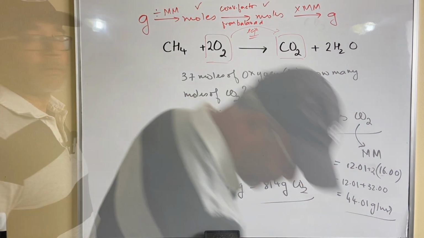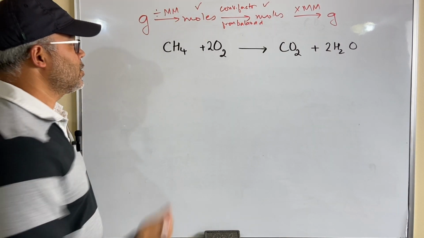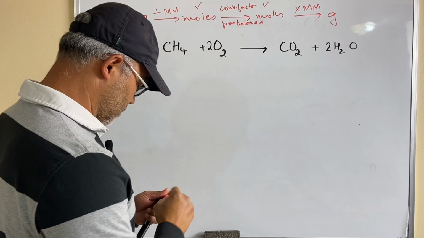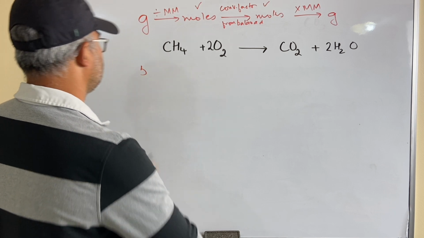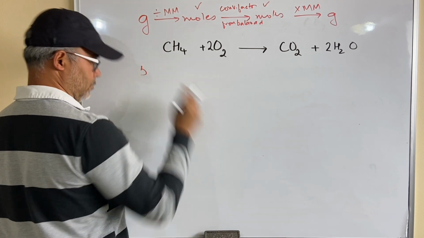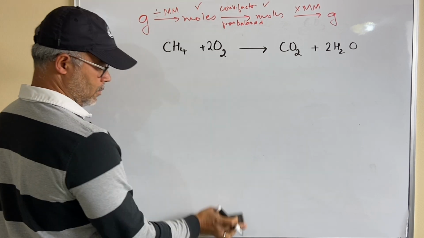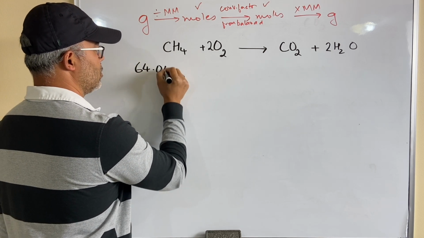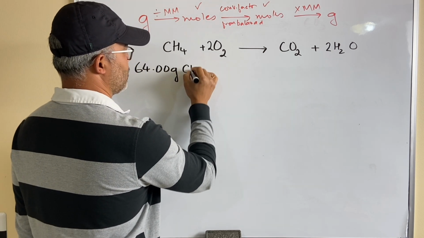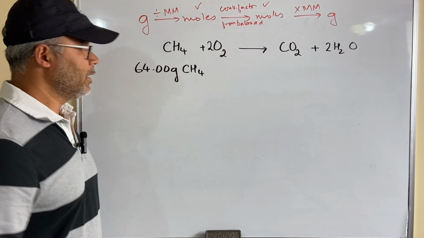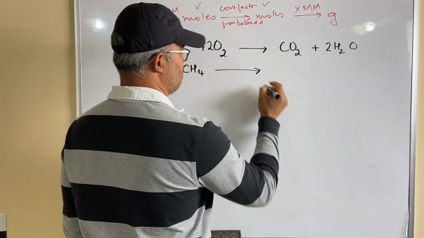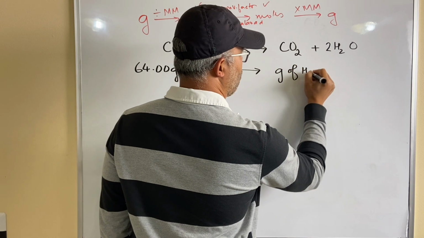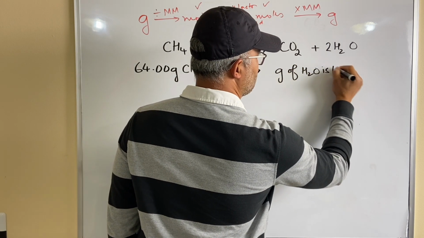All right. So let's say we have another question where we're given 64 grams of CH4 reacting, and you're asked to figure out how many grams of water is formed.